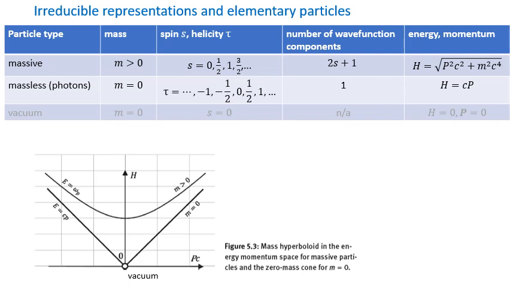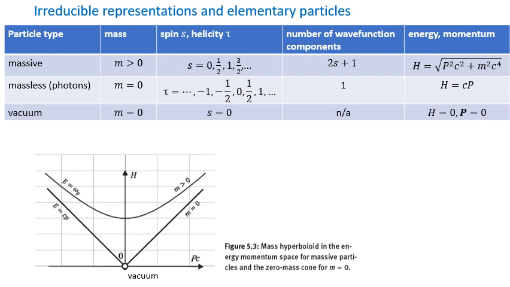Actually, its Hilbert space is reducible. It is a direct sum of massless Hilbert spaces with helicities -1 and +1. In classical language, a photon is a combination of states with left and right circular polarizations.